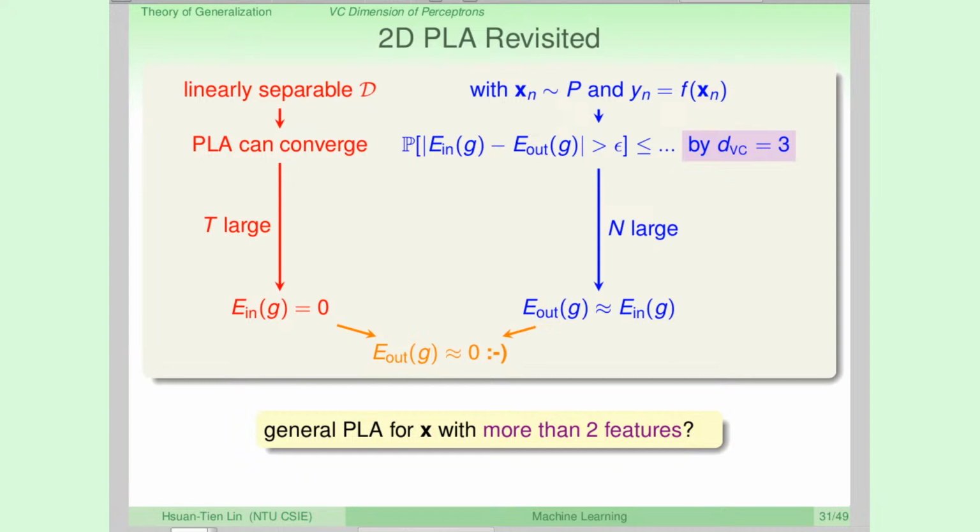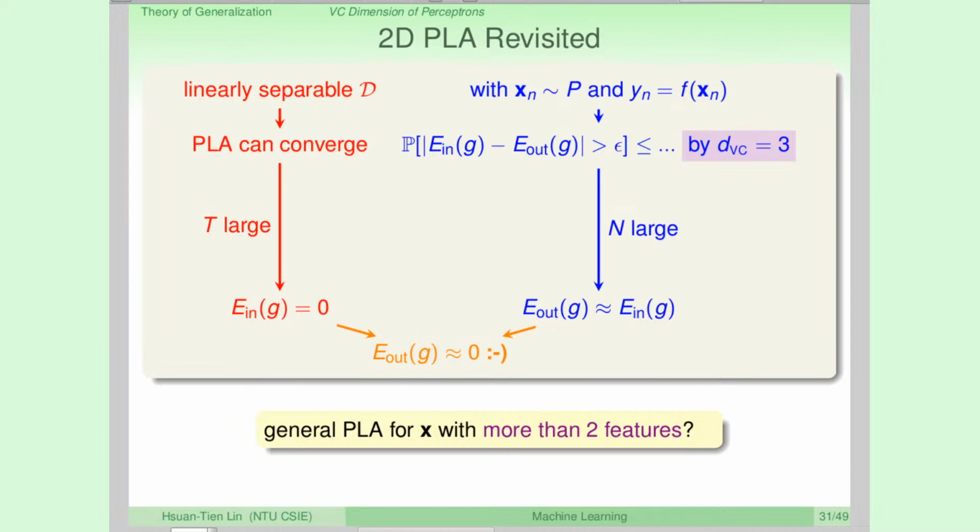The theoretical proof is vector operated, and therefore it seems that on the red path, it doesn't matter whether we're using 2-dimensional or 3-dimensional or more dimensions. But for the blue path, we're not sure yet. If I give you a dataset of 10 dimensions and ask you to run the PLA algorithm, then we don't know what would happen, because we do not know whether the VC dimension for that is finite or not, or whether we can confirm the VC dimension to be of some specific value.